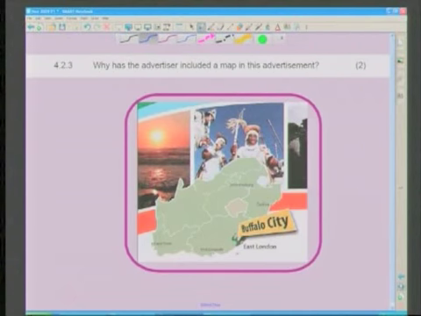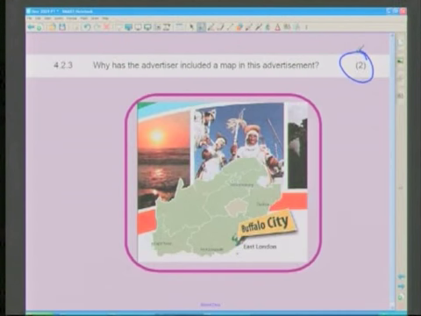Then we go to the next question, 423. Now this question says, why has the advertiser included a map in this advertisement? Look at the mark allocation every time. The mark allocation tells you what you need to do and how far you should go with your answer.